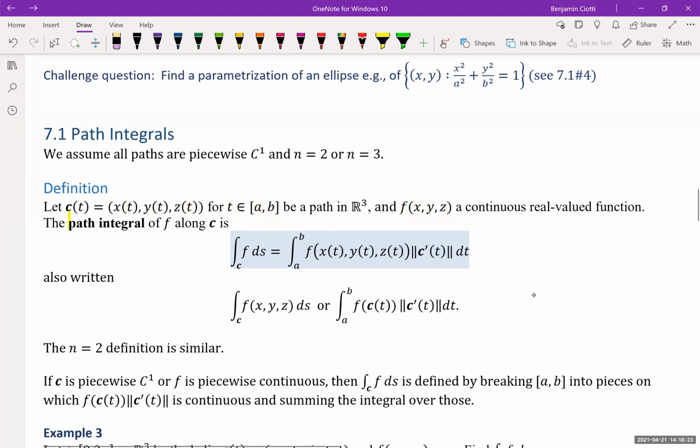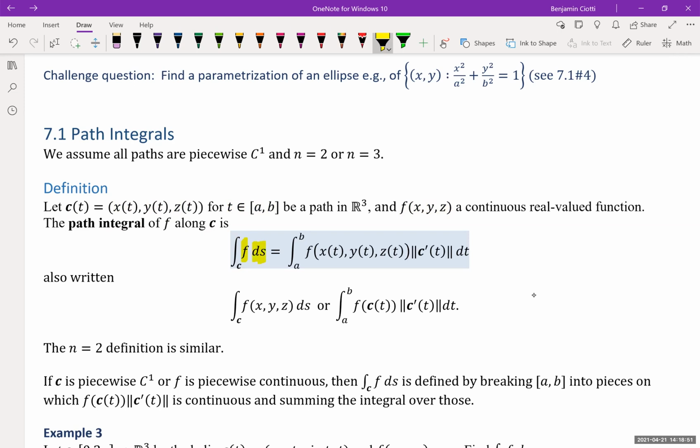Then the path integral of f over the path C, or along C, is as follows. We'll notate it with a single integral sign with a subscript over the curve that we're integrating over. Our integrand is, well, the function that we want to integrate.